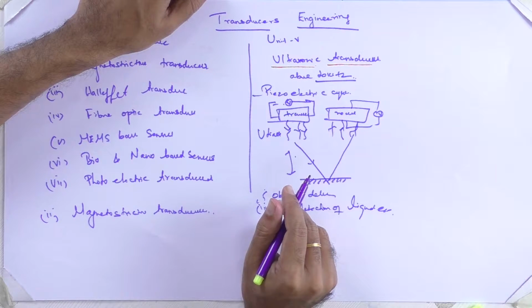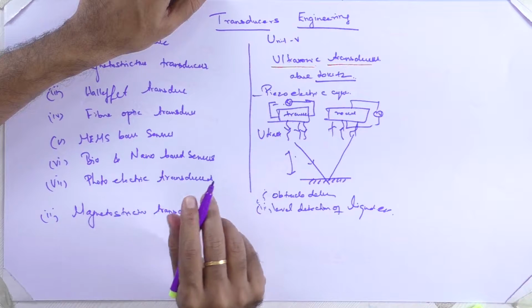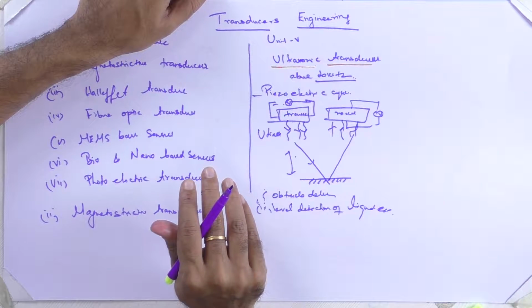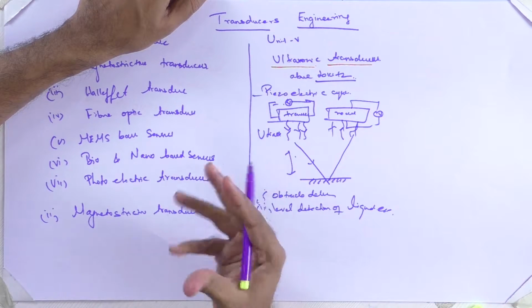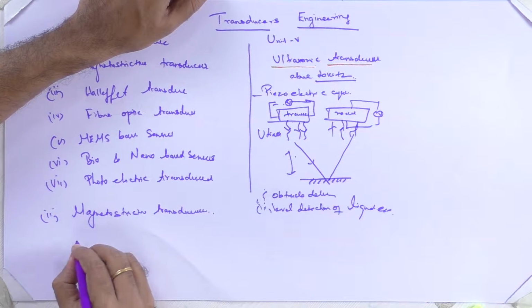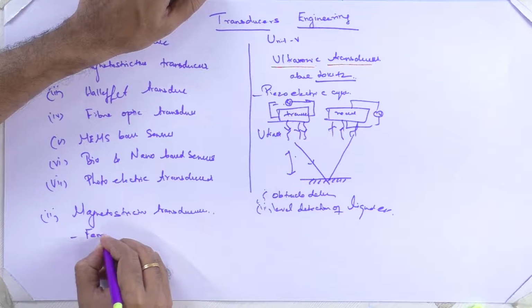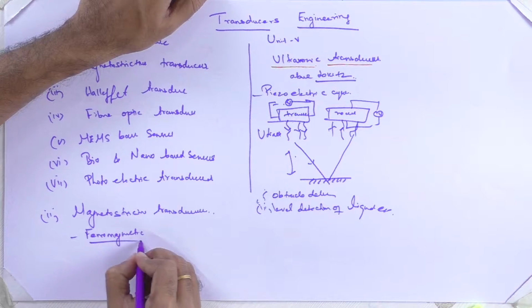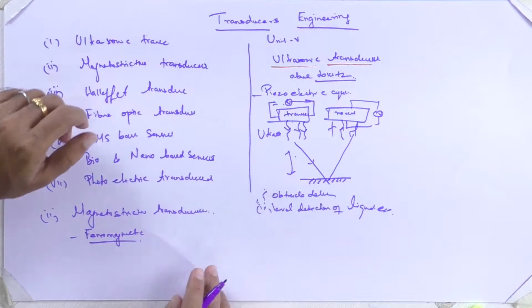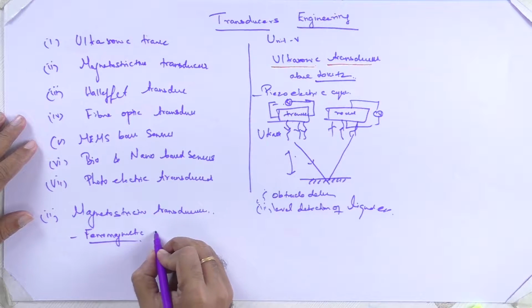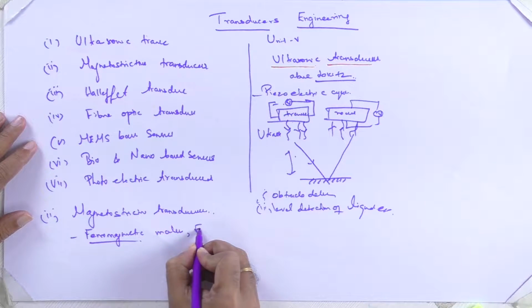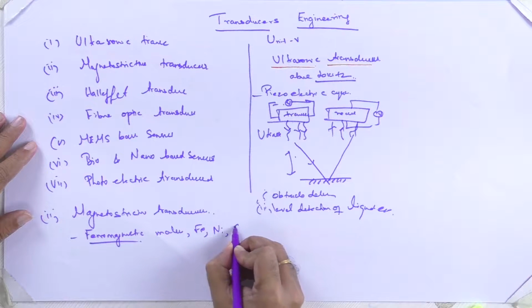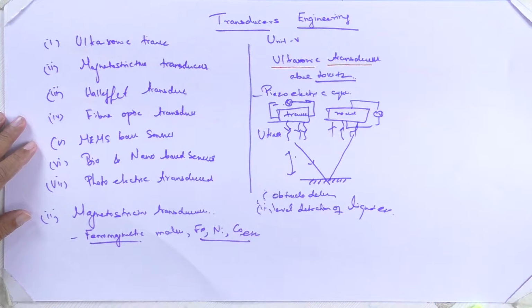Here, when a mechanical stress is applied, the magnetic field of the material changes. This kind of effect is found in ferromagnetic materials. All magnetic materials have a ferromagnetic property, so it is found in these ferromagnetic materials, for example iron, nickel, cobalt, etc.